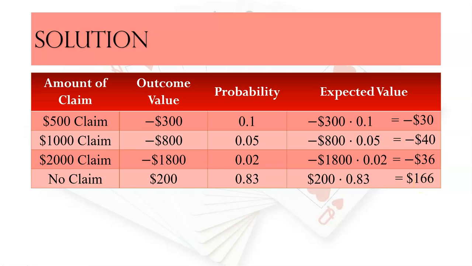The negatives do make a huge difference because then when you add it up, your expected value will be $60 for this insurance company. That means that they should expect to make about $60 in profit for each of these policies sold. They are charging a $200 premium, but then applying some of that to the pool, and they get to keep the $60.